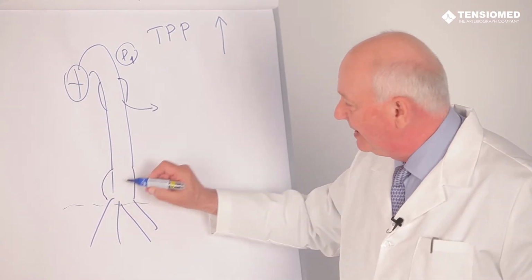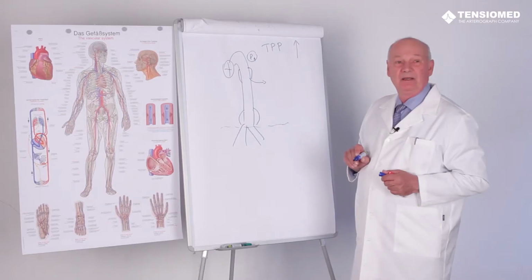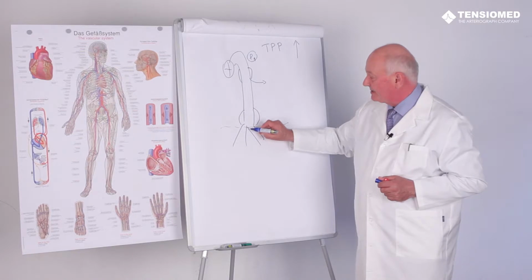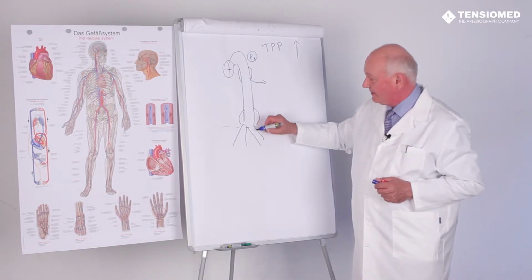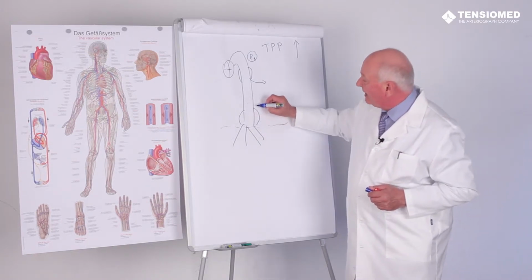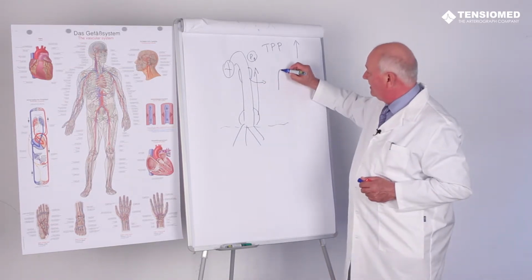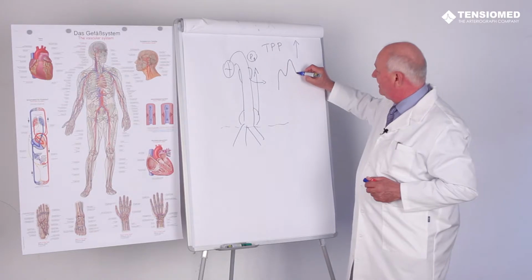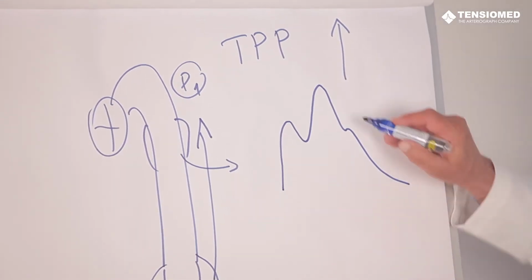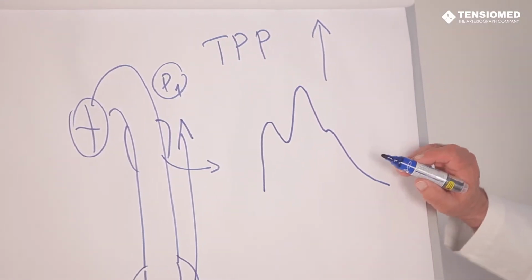Thus, a large part will travel to the reflection site, which is the area of the bifurcation. Then a large energy will be reflected, so P2 will be elevated, and then the augmentation index is high.